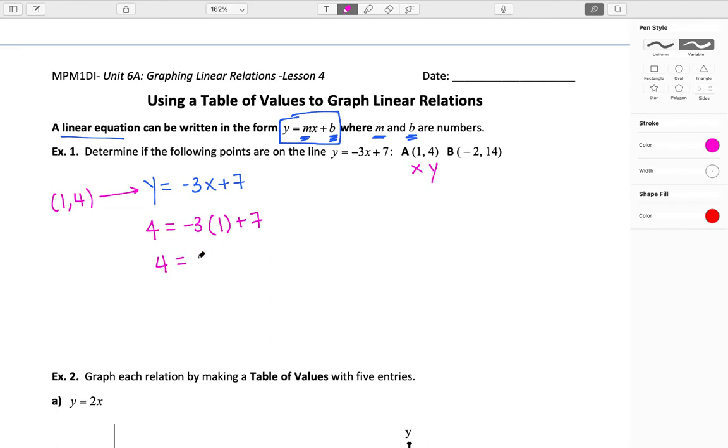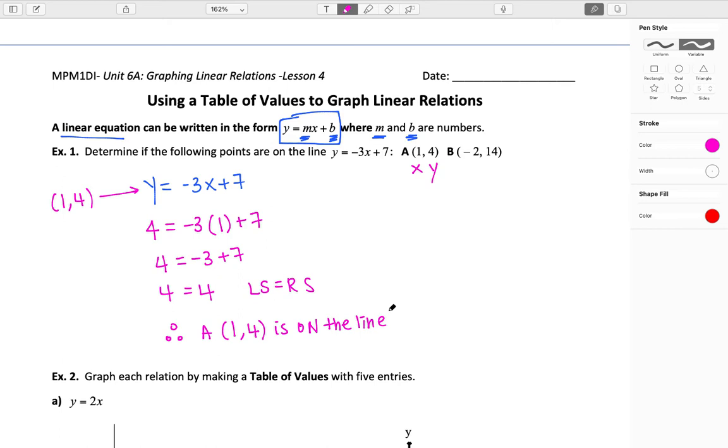Therefore, 4 is equal to -3 plus 7. 4 is equal to 4. As you can see, the left side is equal to the right side. Therefore, we can say that point A, 1, 4, is on the line.